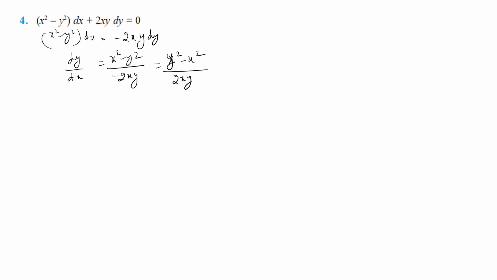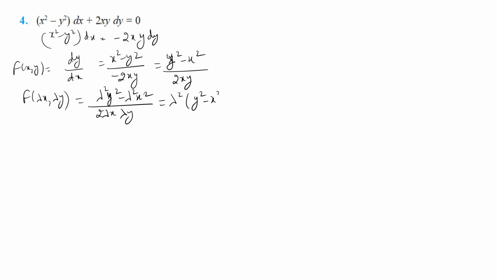Now clearly the degree of these terms is the same throughout. So let us check it by replacing x by lambda x and y by lambda y. It becomes (lambda square y square minus lambda square x square) upon 2 lambda x lambda y. Clearly lambda square comes out from the bracket and it is lambda square upon lambda square 2xy.